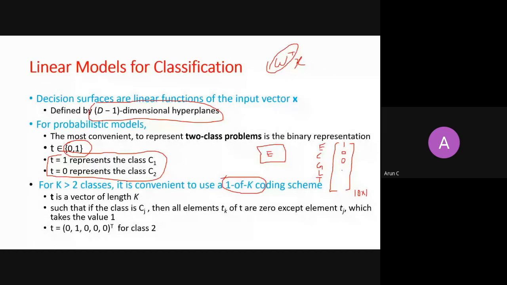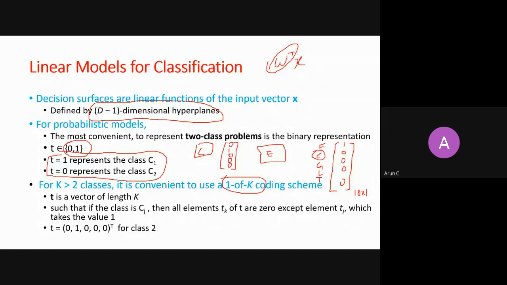If an image contains a cat, you represent it as a vector of 10 by 1, where the corresponding place of cat, which is the second place, is 1, and the rest are all zeros. This is how you can represent it by the one-of-k coding scheme, right?